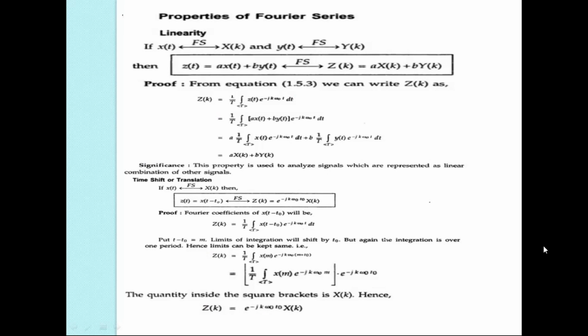So here also the same thing, a into 1 by T the integral of x of t e power minus jk omega naught t dt plus b into 1 by T the integral of y of t e power minus jk omega naught t dt. So a is multiplied with x of k and b is multiplied with y of k.